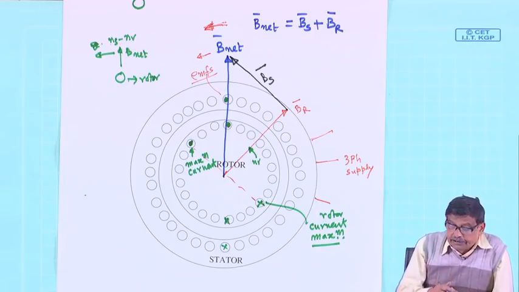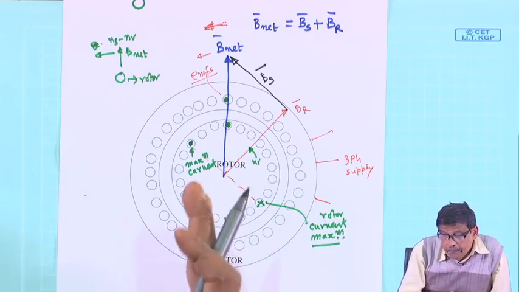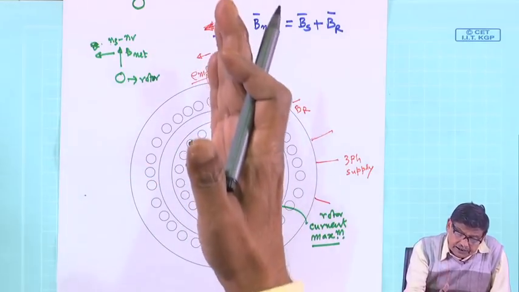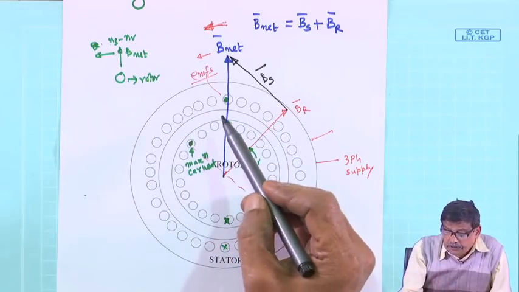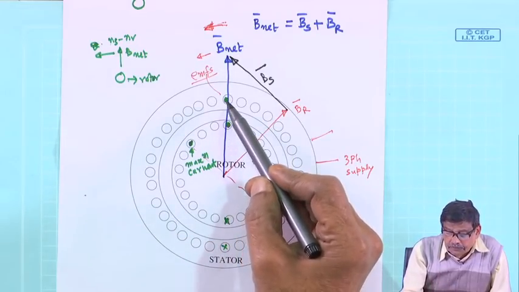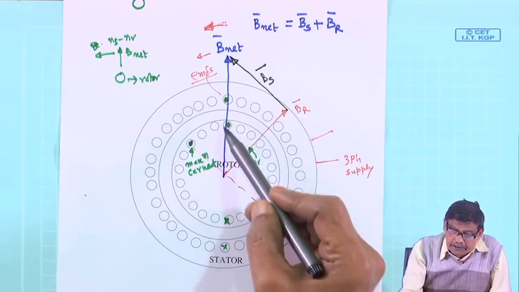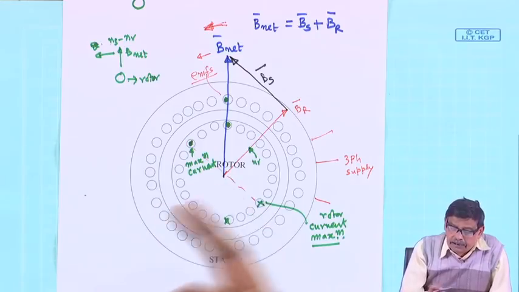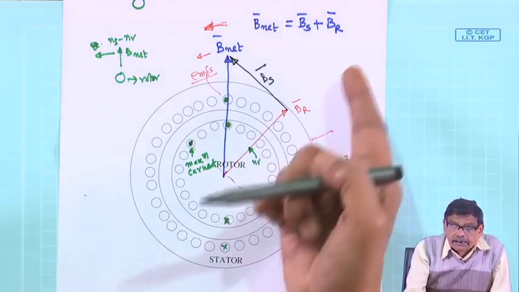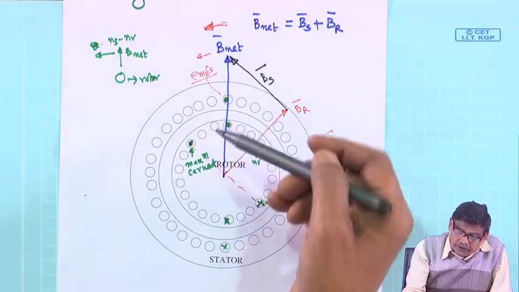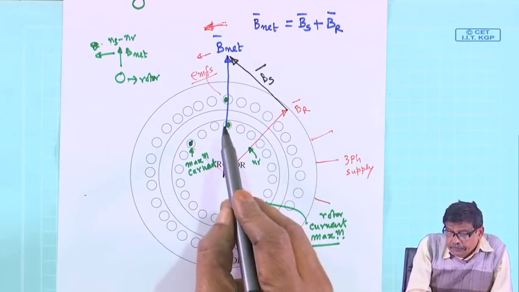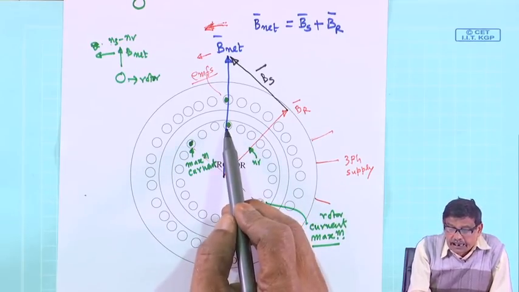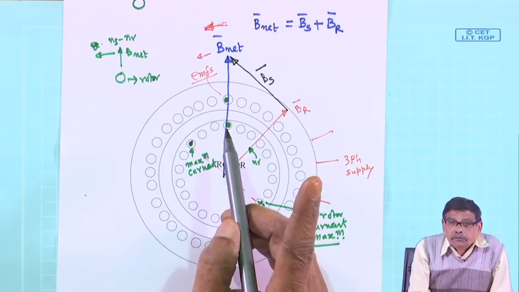I start from that assumption, okay, B net is here at that time, then I conclude these conductors on stator and rotor must have peak EMFs with this dot by applying the right hand rule correctly, and then dot. Then I argued that this conductor having maximum voltage does not mean it is carrying maximum current. Why?